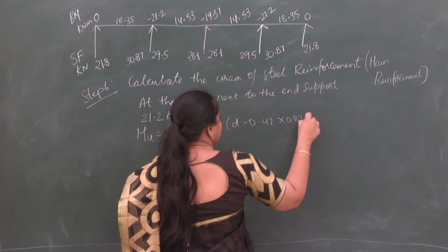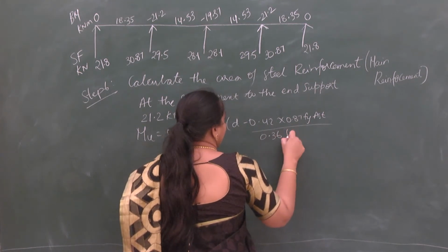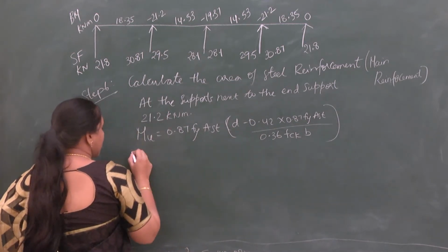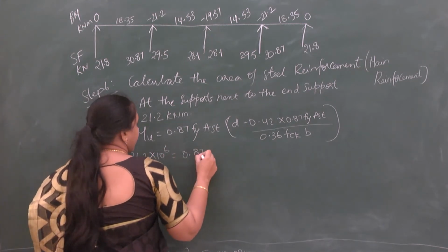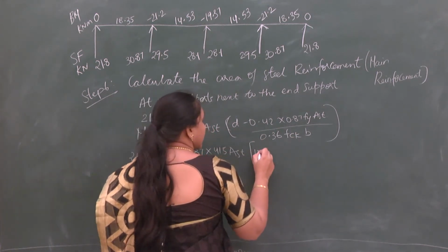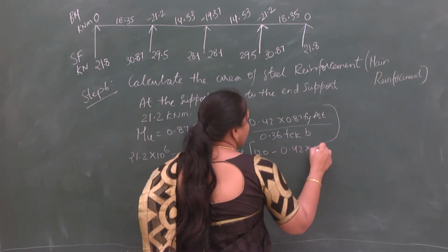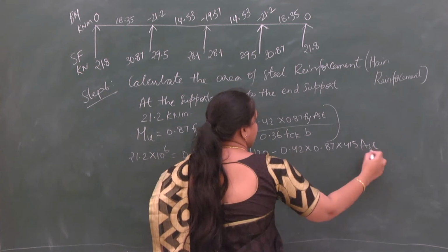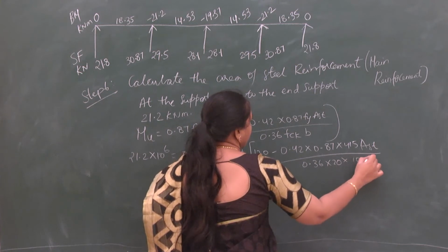XU here is 0.87 Fy into AST divided by 0.36 FCK into B. So MU is how much? 21.2 into 10 to the power of 6 Newton mm is equal to 0.87 into 415 into AST into D. D here is 120 mm minus 0.42 into 0.87 into 415 into AST divided by 0.36 into FCK is 20 and B is 1000.